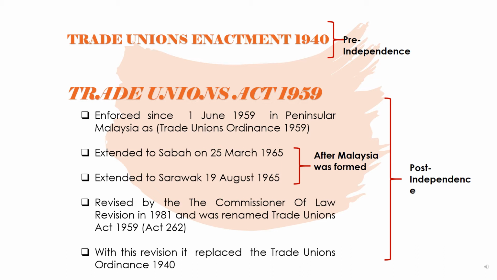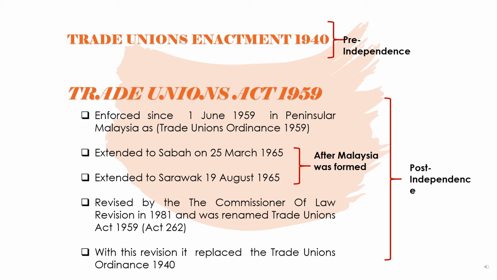And then the enactment was revised to the Trade Unions Act 1959. The Trade Unions Act 1959 was enforced since 1st of July 1959 in Peninsular Malaysia as the Trade Unions Ordinance 1959. It was extended to Sabah on the 25th of March 1965 and to Sarawak on the 19th of August 1965, which was after Malaysia was formed.